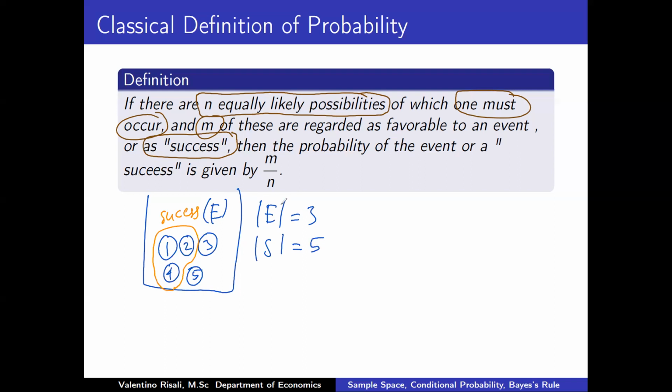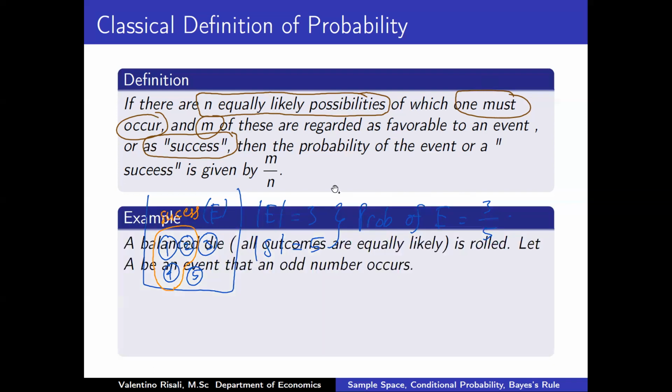So if we assume that these 5 balls are equally likely, then from the classical definition of probability, we get the probability of E is equal to 3/5. We divide 3 by 5, or the value of m divided by the value of n, like this.